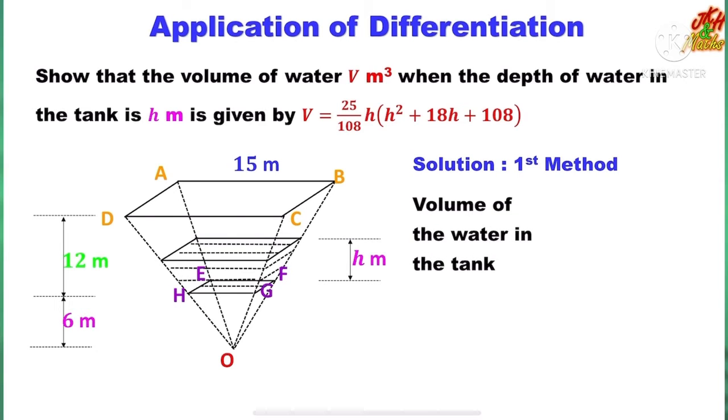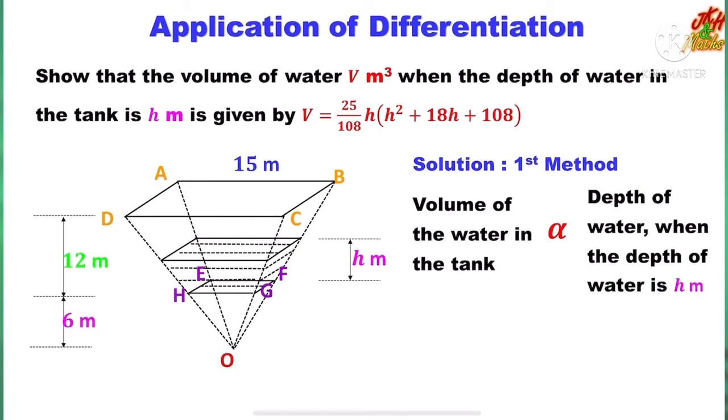In order to find the volume of water when the depth of water in the tank is h meter, we use the relation where the volume of the water in the tank is directly proportional to the cube of the depth.